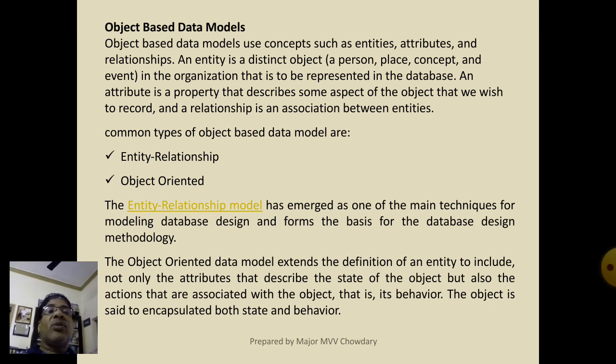The object-oriented data model extends the definition of an entity to include not only the attributes that describe the state of the object, but also the actions that are associated with the object, that is, its behavior. The object is said to encapsulate both state and behavior.